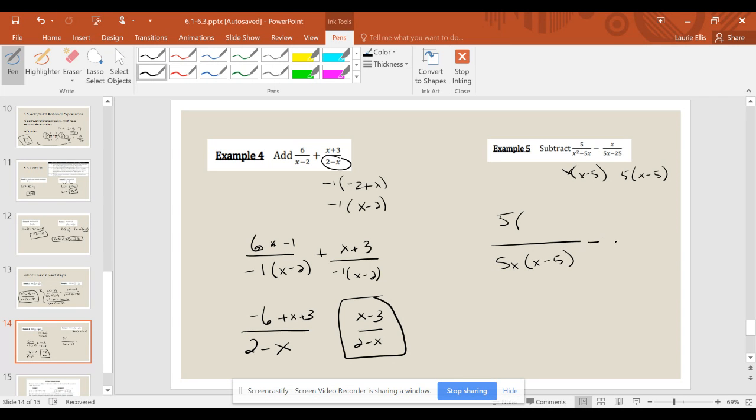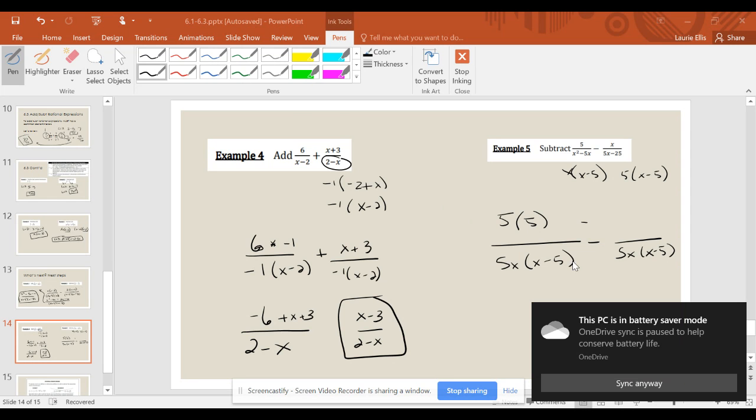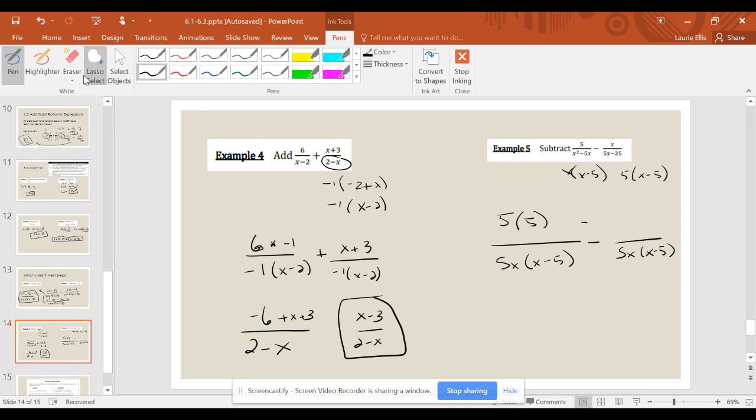Minus 5x times x minus 5. So over here, I have to multiply 5 times what's missing. What's missing in my denominator here is an x, so x squared, because it's x times x.